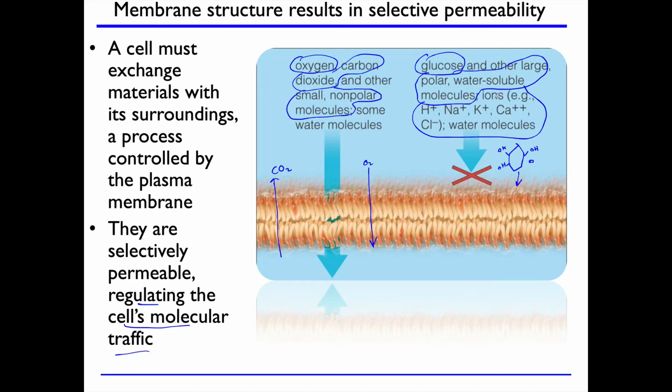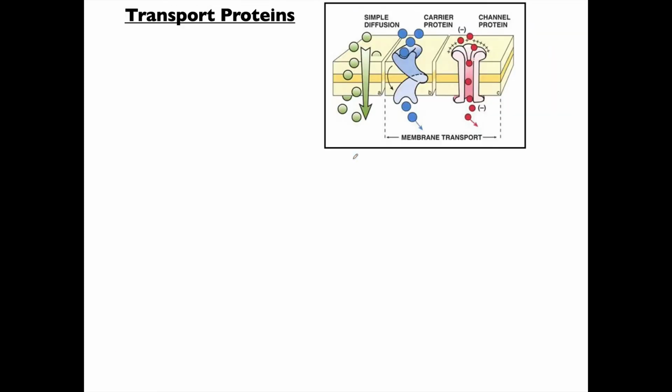All these charged ions, they don't have an easy time getting through either because, again, polar molecules like water are charged, and this is a neutral, non-charged area in here, and you just can't pass through it very freely. So if you're charged or you're polar or you're big, you are not getting through like something small and simple like carbon dioxide and oxygen. So how do these things get in then, these larger things?